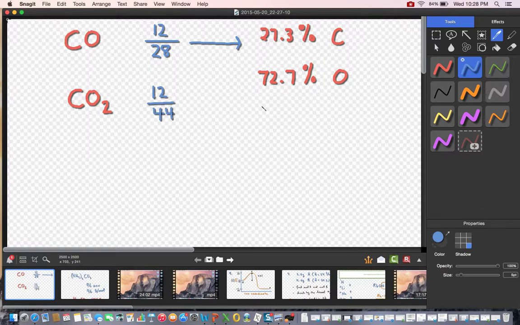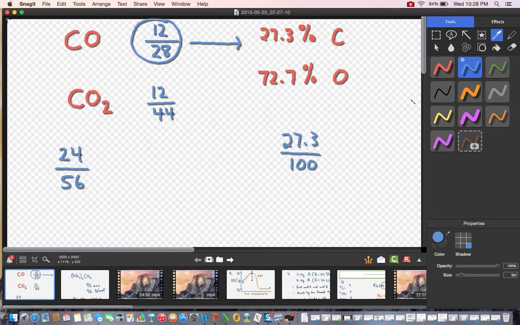Now 27.3% is 27.3 over 100. If I look at this particular fraction, I can multiply it by 2 over 2, and I would get 24 over 56. These numerators are very close together, but the denominators are off by a factor of almost 2.